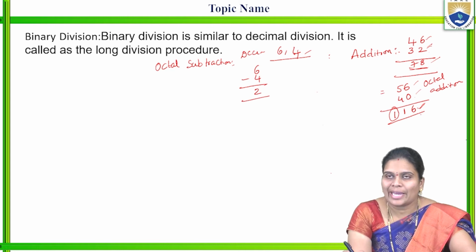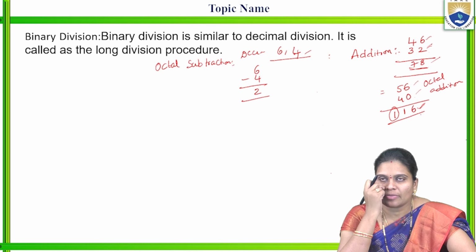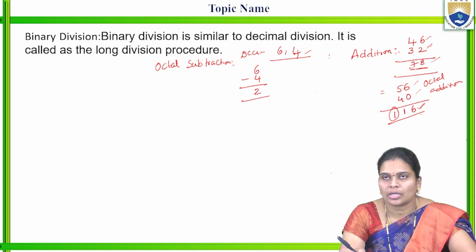Now we'll see the 8's complement and 8 minus 1's complement, so r's complement and r minus 1's complement. These are the octal complements. Now we are getting the 8's complement. What is that? Subtracting each and every value from 8, then we are getting the resultant value.